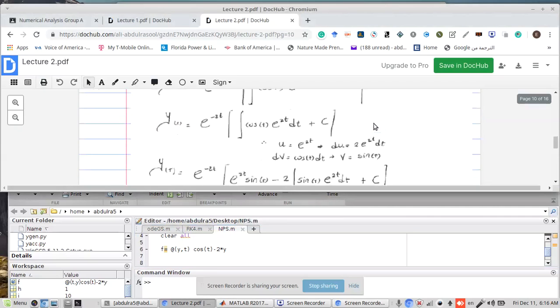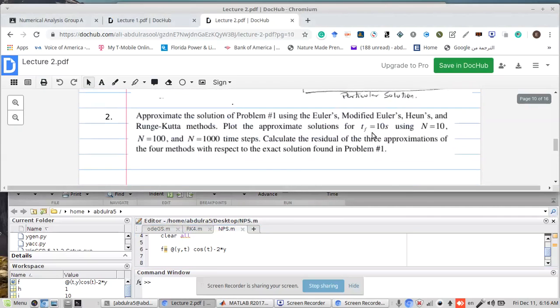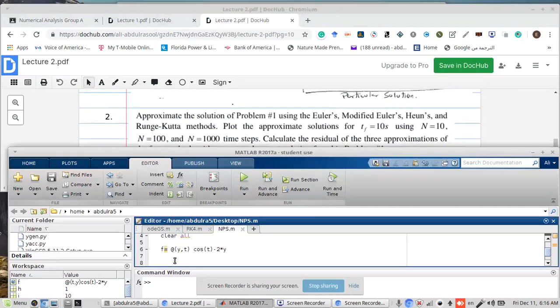Also, in order to find h, the increment, t final equals 10, and the first n is 10. So that means h equals tf over n.